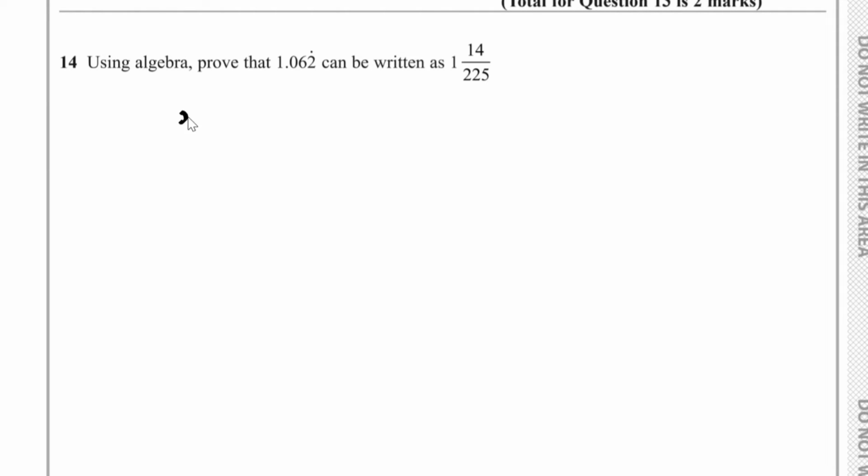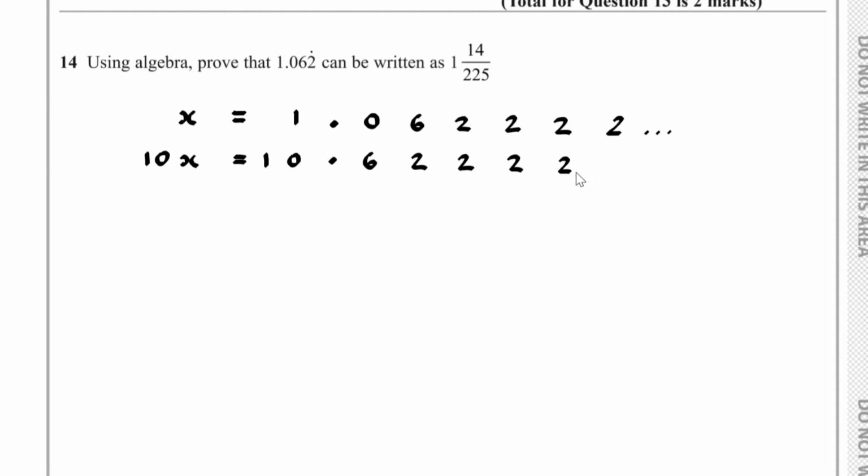If we let x equal 1.06222, etc., because we've got one digit repeating itself, we can multiply by 10 to say that 10x equals, well here, if I multiply by 10, I get 10.62222, etc.